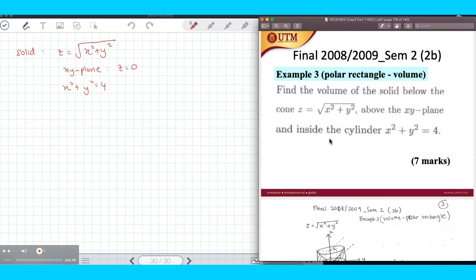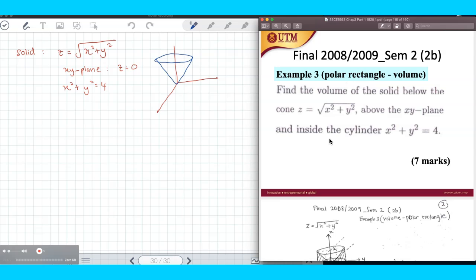Okay, so we have a cone, just to get an idea. We have a cone, concave up, which is still considered open.